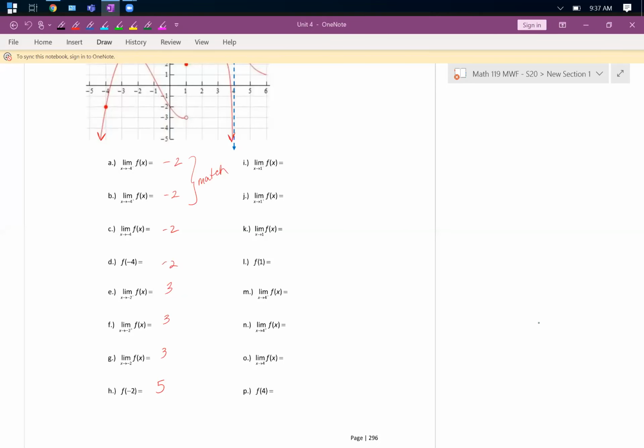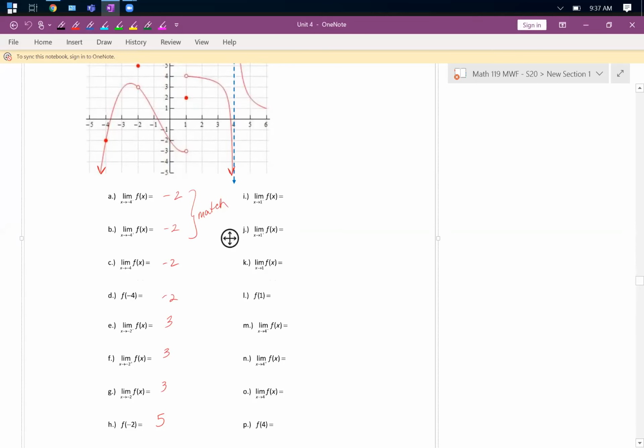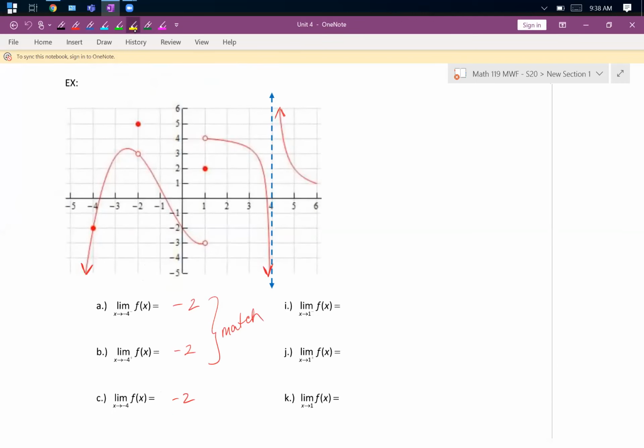All right, so let's finish up this last graph here before we move on to algebraically finding limits. So how'd it go? Part I, what was our limit as x approaches 1 from the left side? -3. Great, -3.